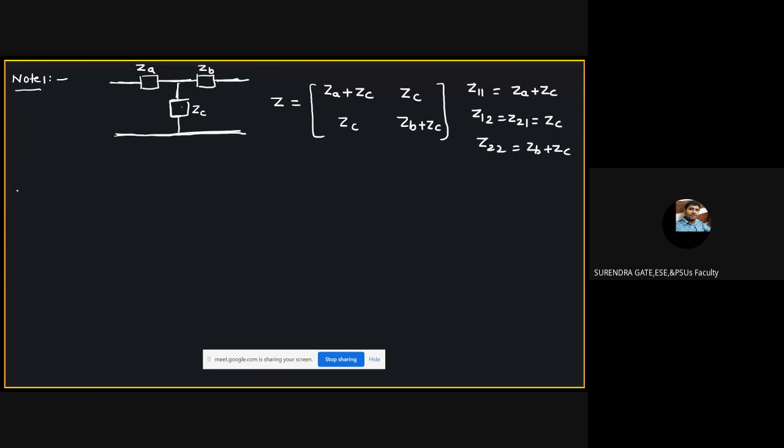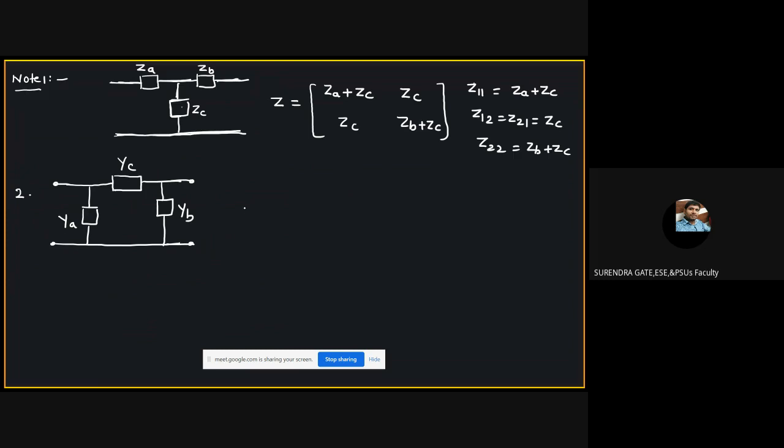For a pi network, we can easily calculate the Y parameters. Even if impedances are given, convert them into admittances, then directly find the Y parameters. Let this be YA, this YC and this YB. I'm not giving the derivation, as these results can be used directly in solving problems.